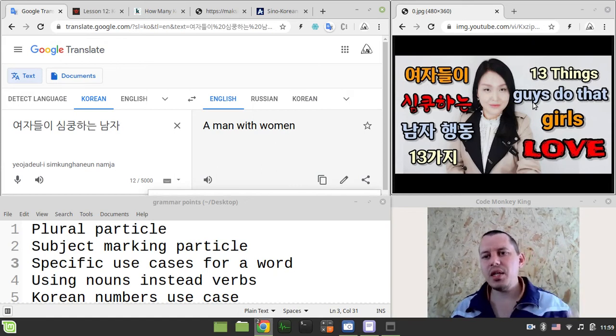So in this case, guys is not plural. Here is the difference. Women or girls is plural in terms of the girls community, what's happening within the girls community, right? And when they're talking about the guy, it's something separate that goes outside.